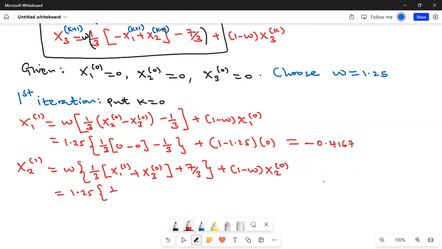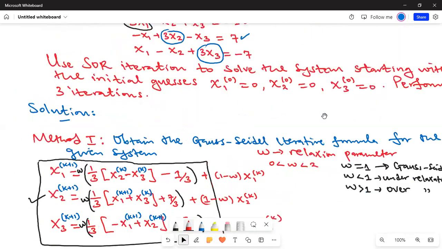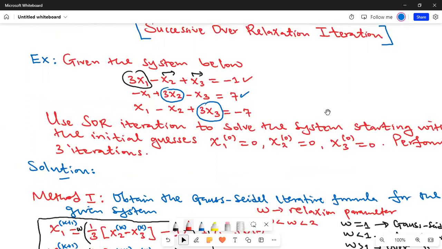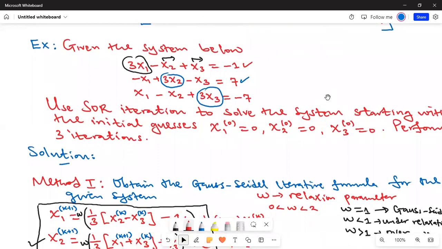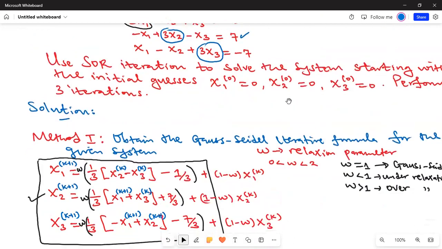Then here we have 1 over 3 times. Now let me take you back to the equations. Look at the first equation. It was negative, so not negative. Of course, the coefficient of x1 is 3, positive and positive. So what we have there is okay. So we go back and substitute.